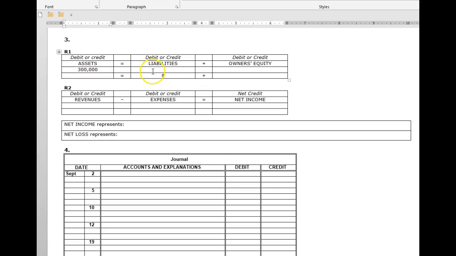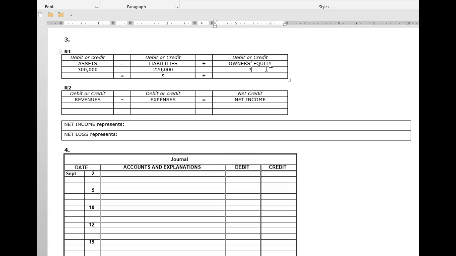The liability was $220,000. So what does that make your owner's equity? You know how to find that. You take $300,000 minus $220,000. That gives you owner's equity.